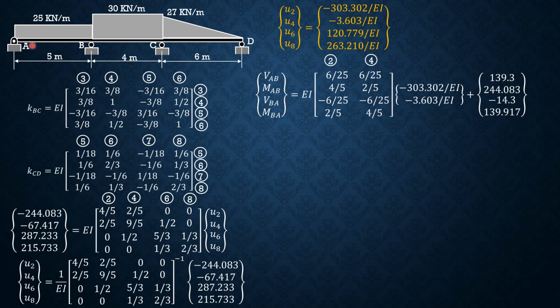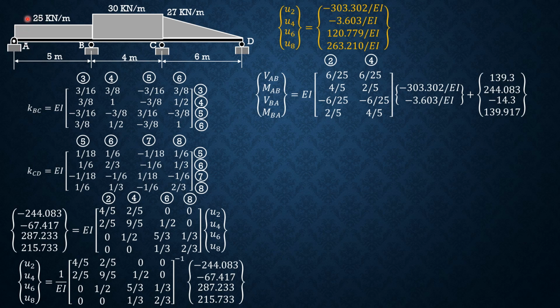Having found these global displacements, we can now compute the member forces. So for AB, we have shear AB, moment AB, shear BA, and moment BA. We only consider elements of its elemental stiffness, which are multiplied by these global displacements U2 and U4. That's why we only consider 2 and 4, because for 1 and 3, the corresponding nodal displacements are 0, so it's useless. And the fixed forces, remember FAR is 139.3.